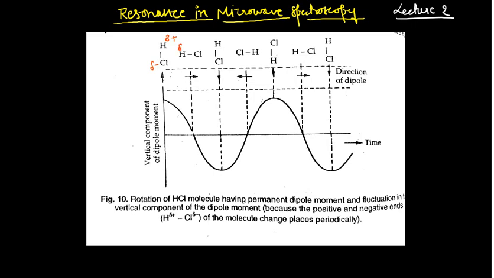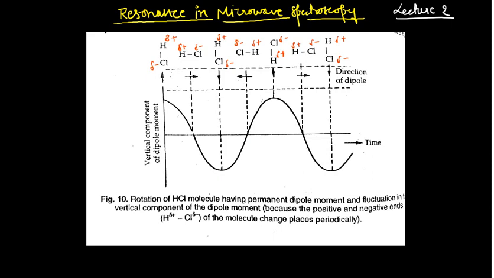Then in the second instance, this is the negative end, positive end, again positive, and the negative end. Then again negative and positive. Similarly here negative, positive, here positive and negative.